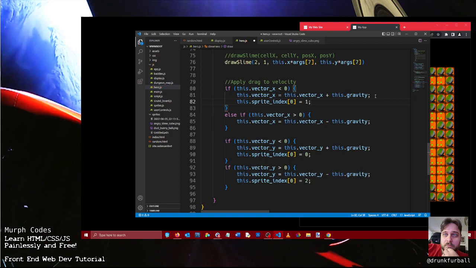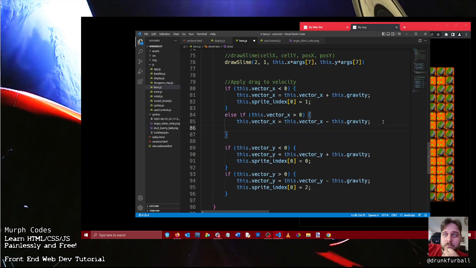That's a 1. And then greater than 0 is 3.